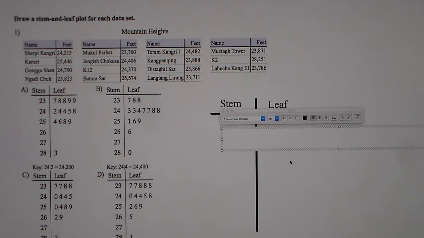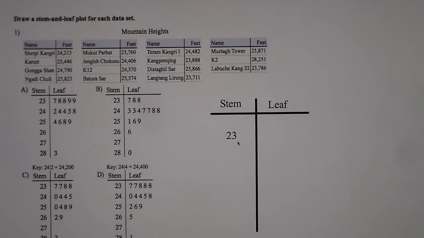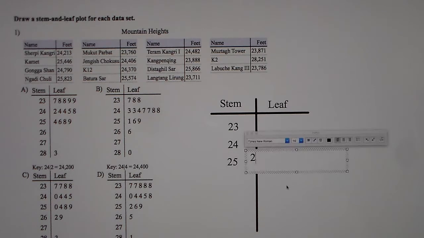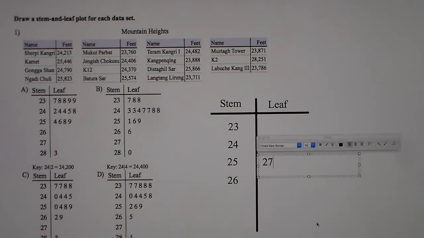Meaning all the ones that start off with 23,000 are going to be listed here on the right hand side. The ones that start off with the 24,000 will be listed underneath it. All the ones that start with 25,000, 26,000, 27,000, and 28,000. I don't think there's anything higher than that.